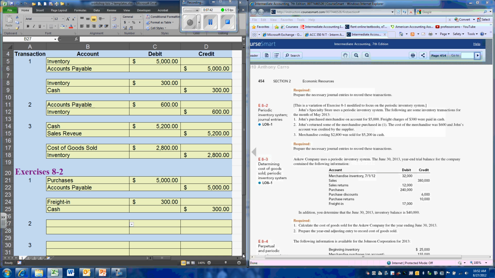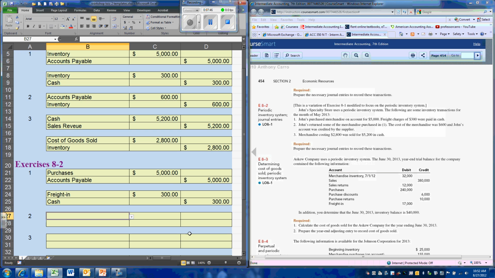Under the periodic method, when we have a return of items we purchased, we are going to recognize another temporary account called purchase returns. We debit purchases to increase it.